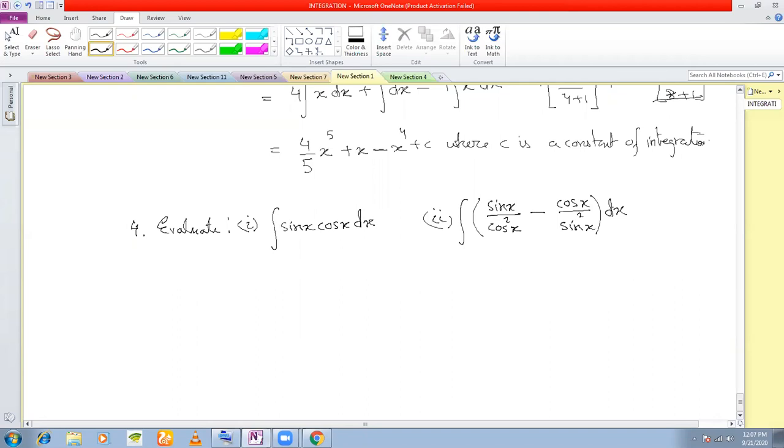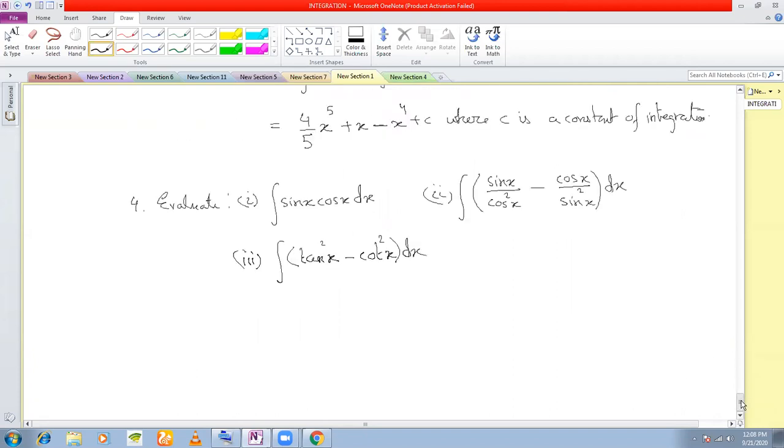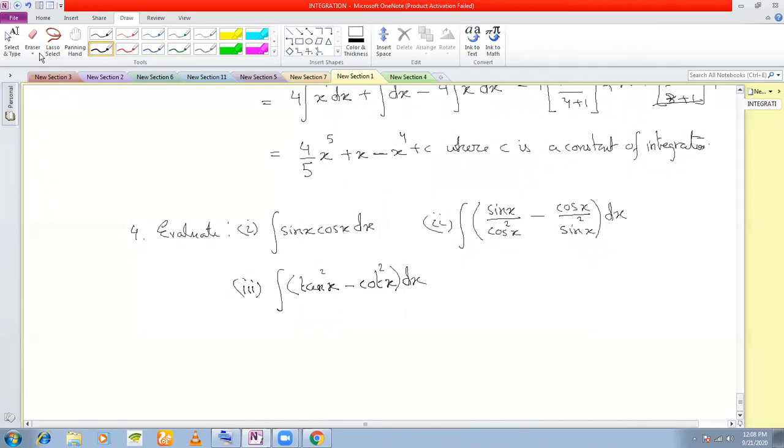And the third one here is integral tan square x minus cot square x dx. So let us see the first one.